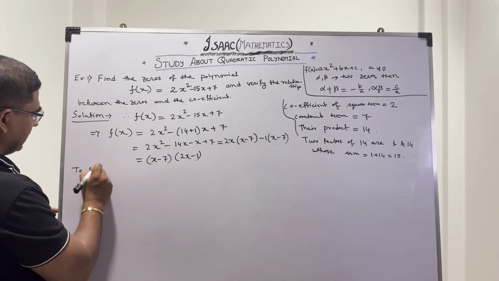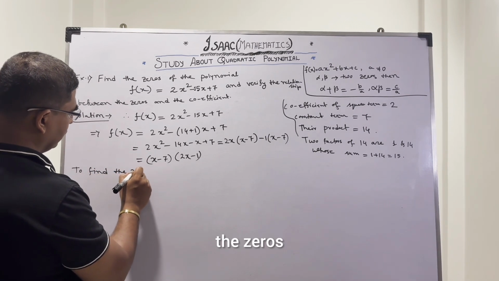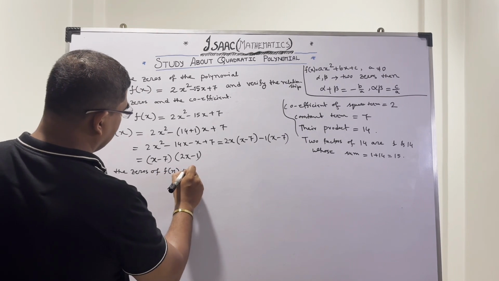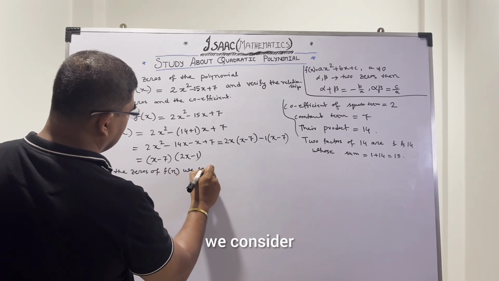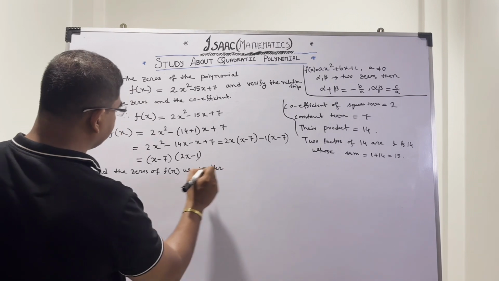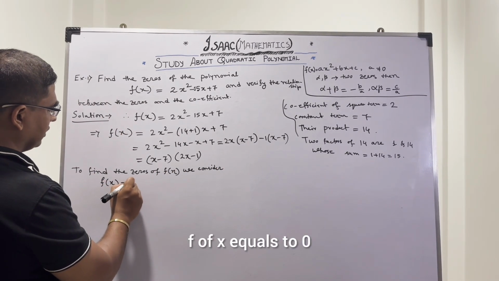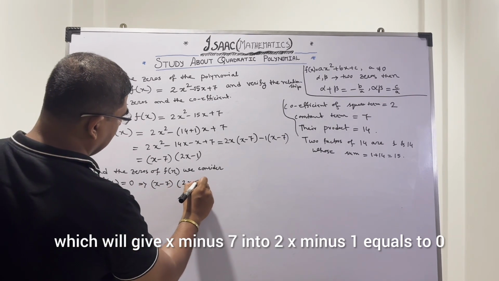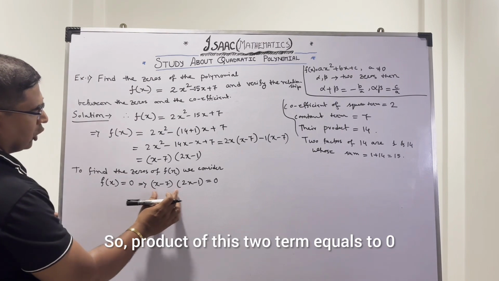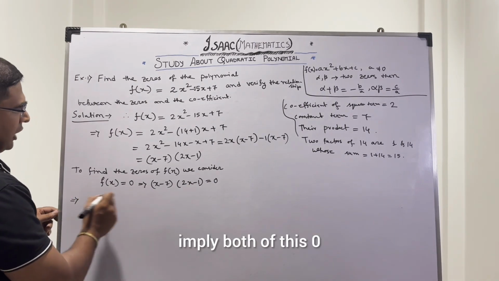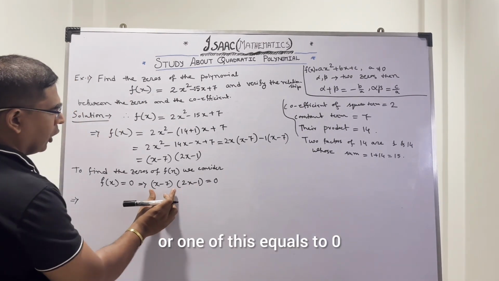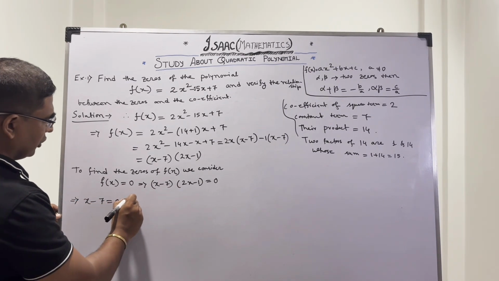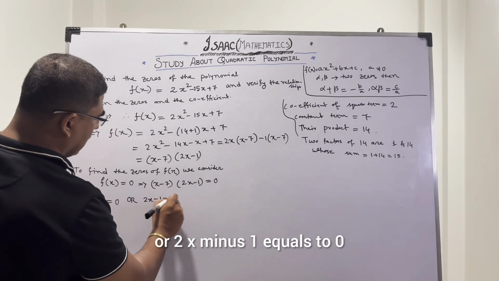To find the zeros of f of x, we consider f of x equals to 0, which will give x minus 7 into 2x minus 1 equals to 0. So the product of these two terms equals 0, which implies both of these are 0 or one of these equals 0. That is why we can write x minus 7 equals 0 or 2x minus 1 equals 0.